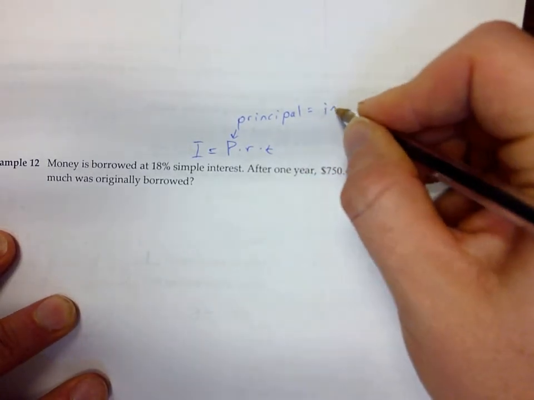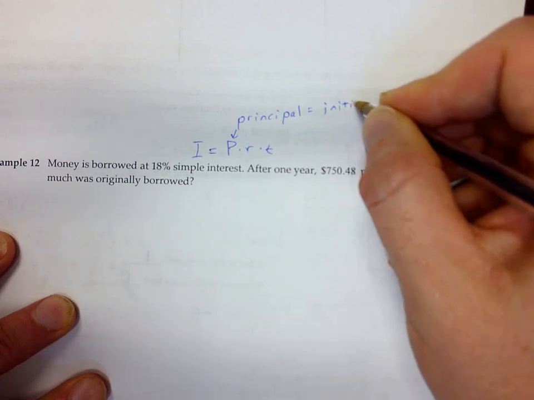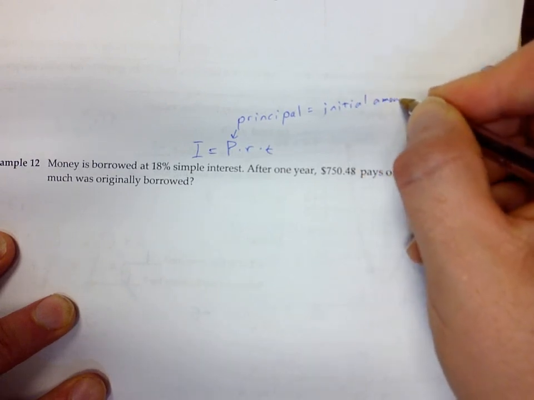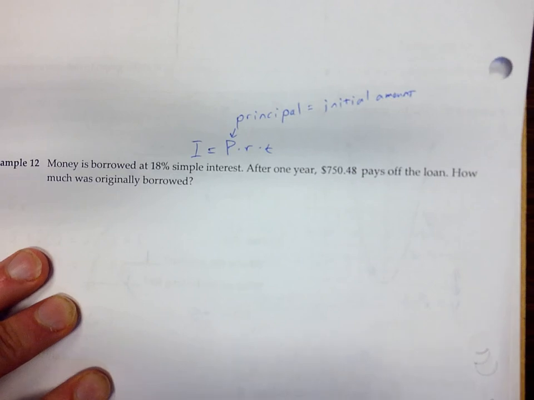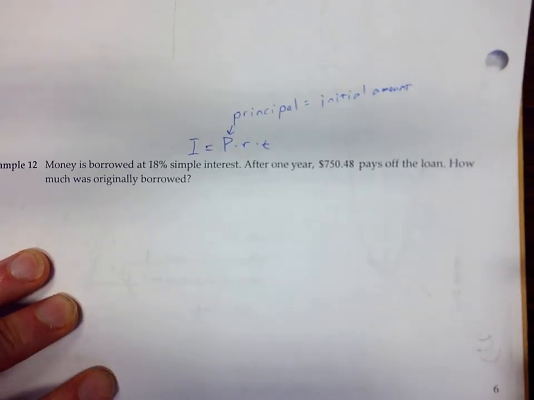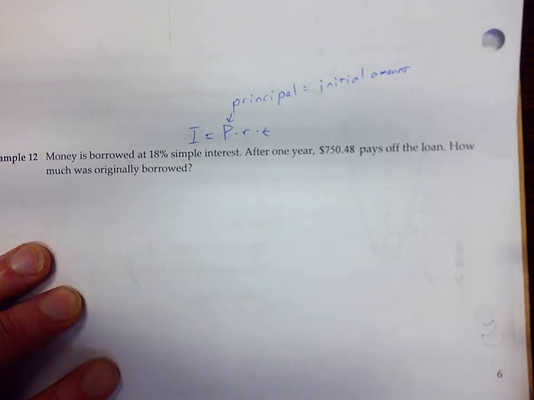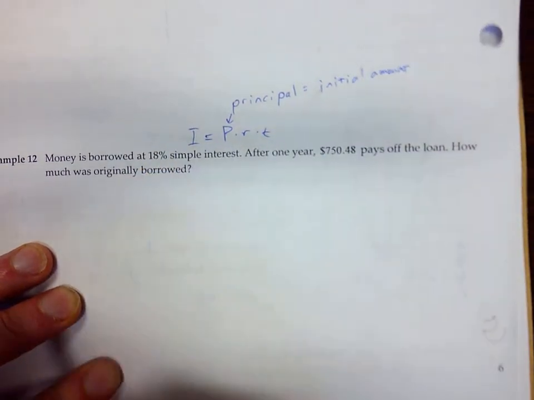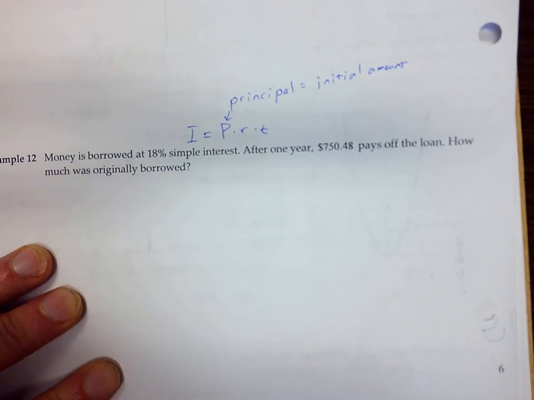It's just the initial amount. So if you do any kind of business or accounting courses, that's a term you'll get really familiar with. This is a common banking type term. So that's going to be kind of important here.